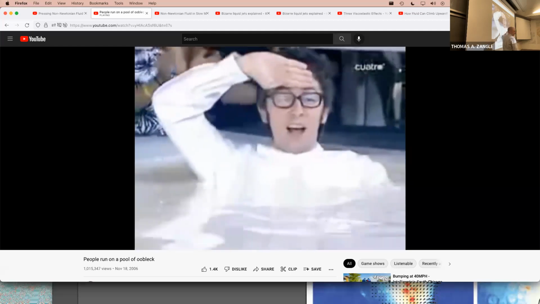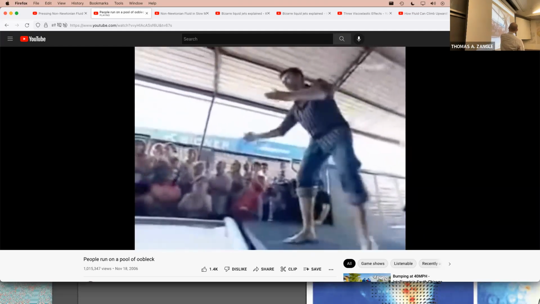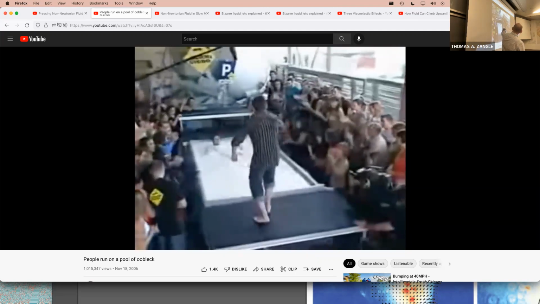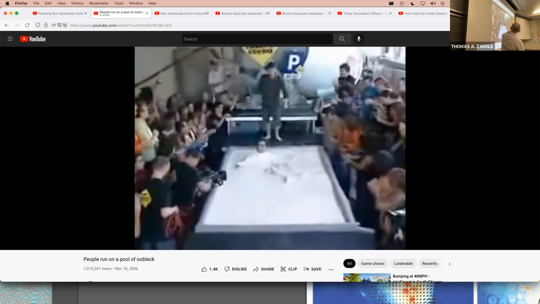Right, so as soon as it stops moving, the shear stress becomes lower, the fluid becomes less viscous, and he sinks, right? So we have someone sitting in the pool floating, and someone else running on top of the same fluid.